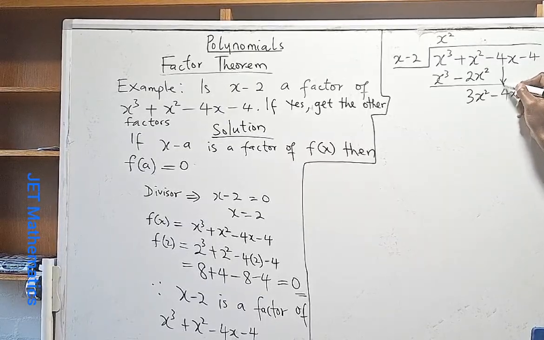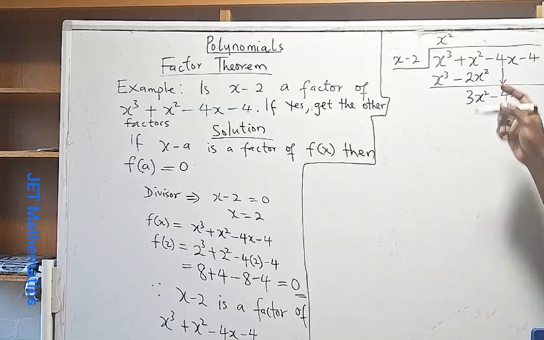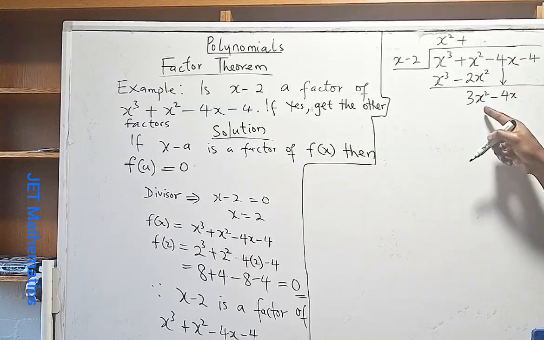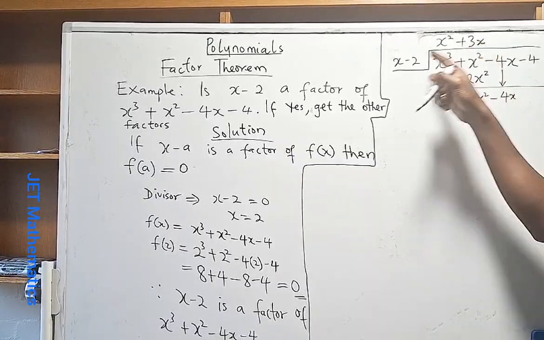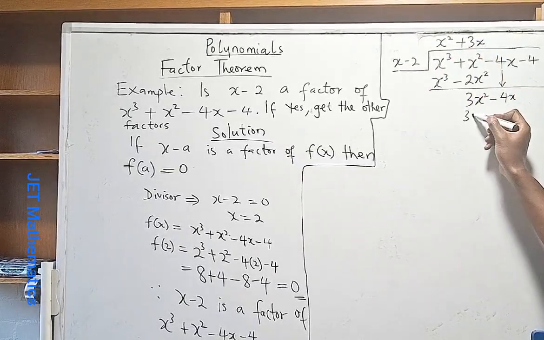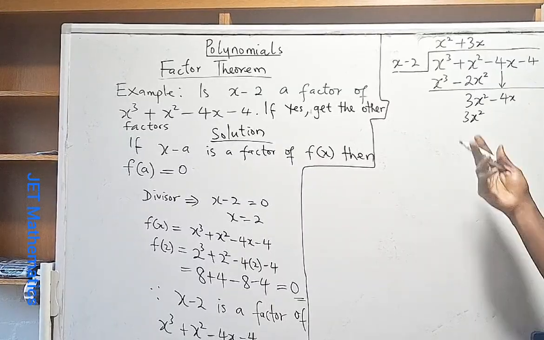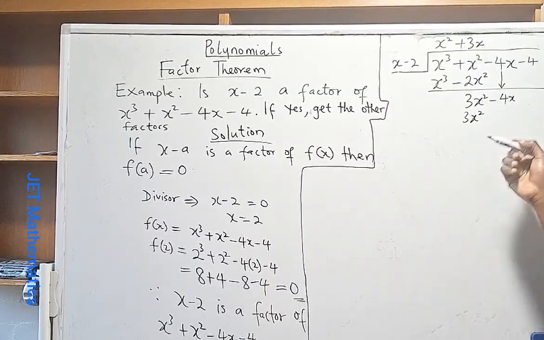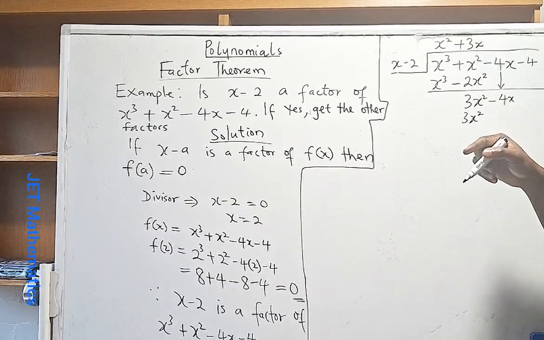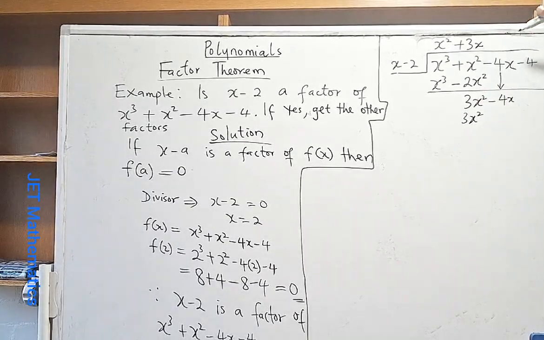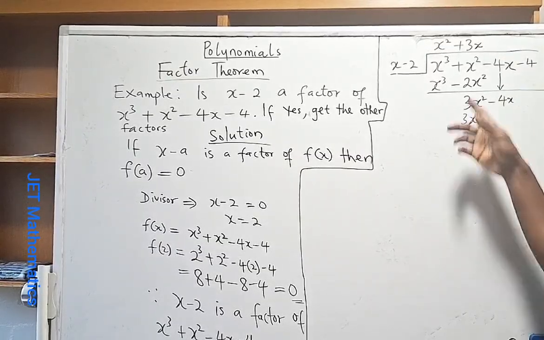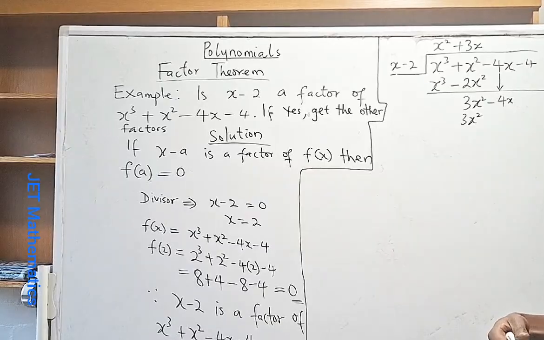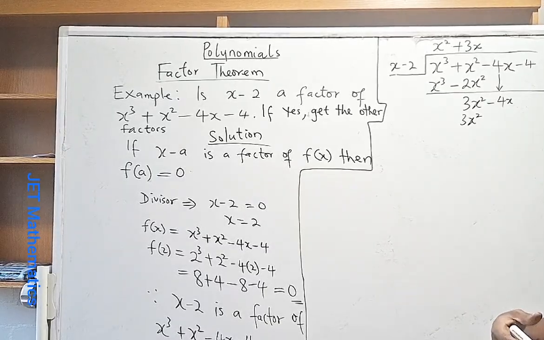I'll bring this down, okay? Then we multiply by 3x, so that 3x times x gives us 3x squared. You already know how to do this. We have established how to do this division in our previous videos. But in case you don't understand what we are doing here, you can see our videos on division of polynomials.